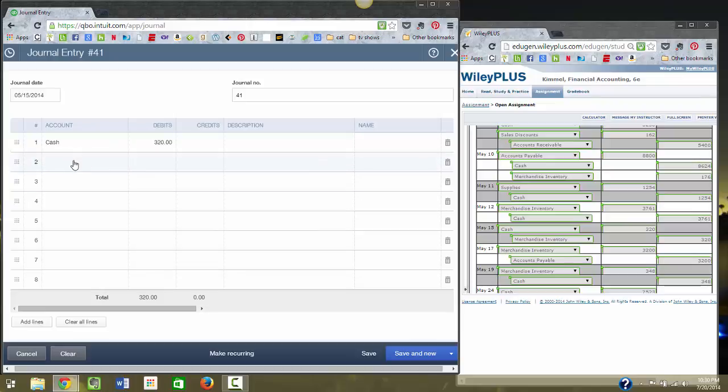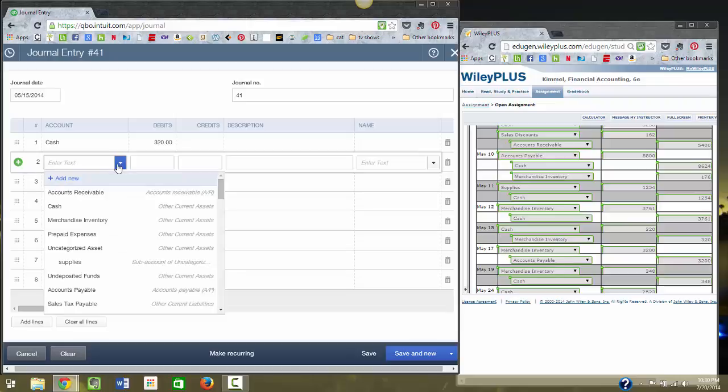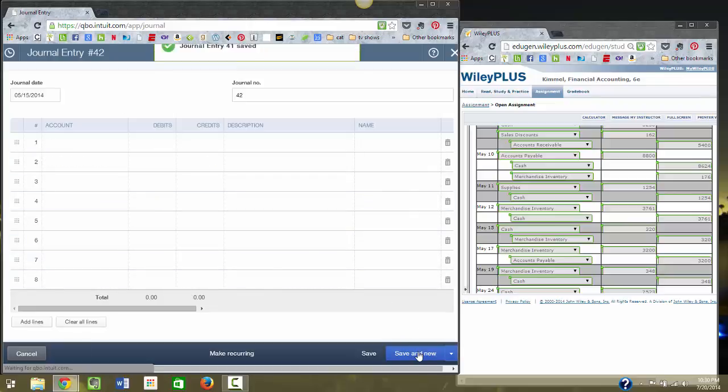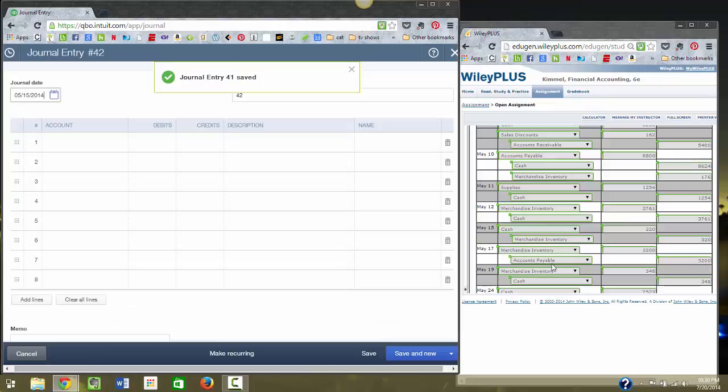And this was a cash purchase, no accounts payable or receivable, so we don't need to enter in any names. And we're going to credit merchandise inventory for $300. Okay, May 15th date's right. Let's move on.